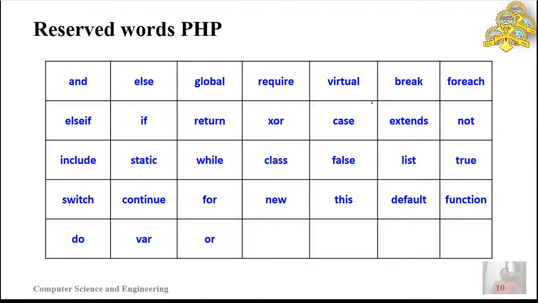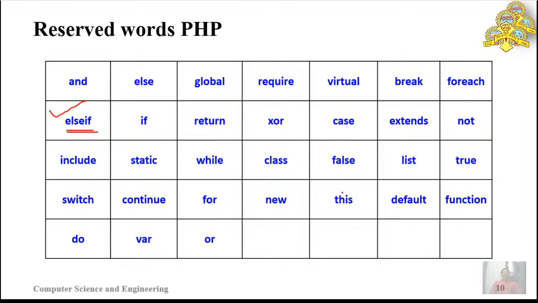These are some of the reserved words used in PHP. Some are already familiar to you because most of them are used in C and Java also. A new keyword here is elseif. Observe, elseif is a single keyword, so without a gap or space, that's a keyword.